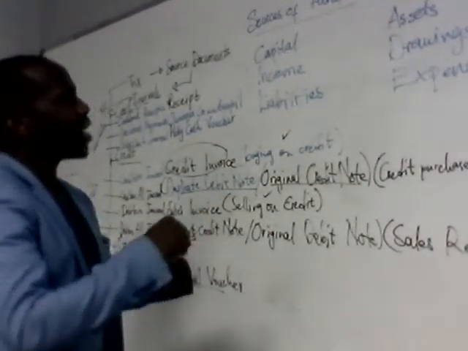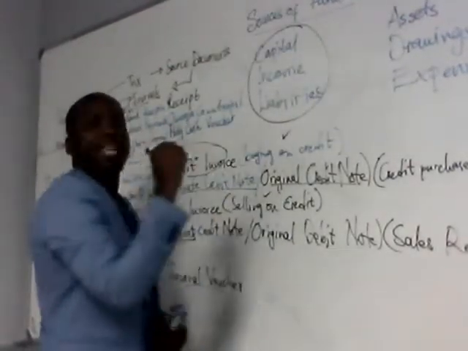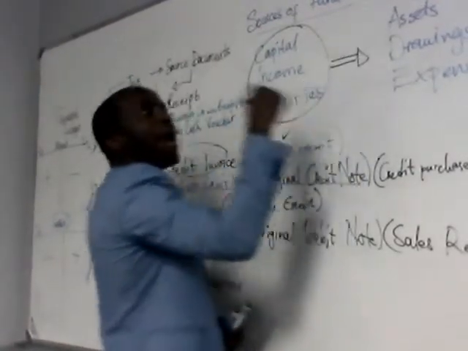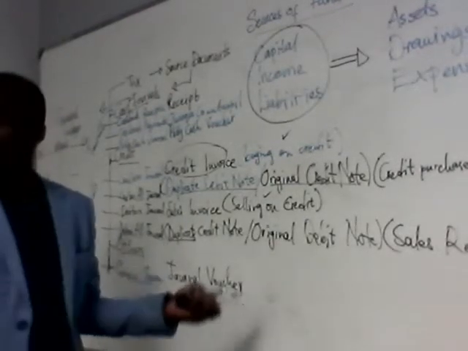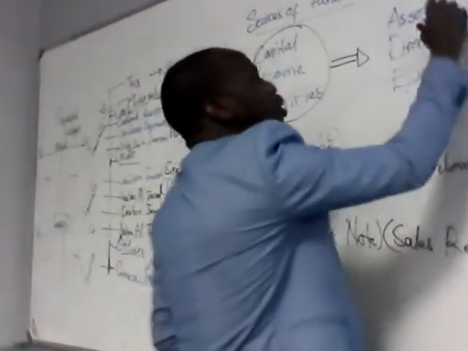Now, we go and say that once any of these can be a source of funds, once these funds are there, they will be invested. They will be applied to something that will give us an advantage, so as to say.